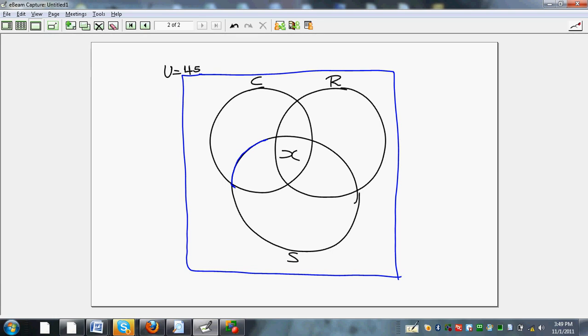What we did, they said, let X represent those who like all three types. So you place X directly in the center.